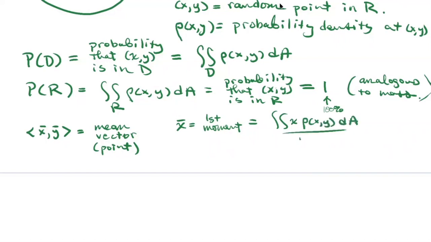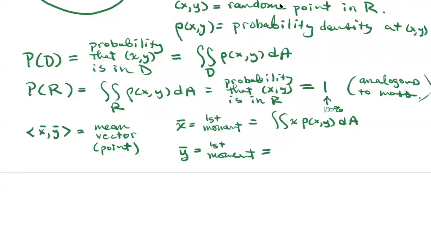You would divide by total mass, but remember total mass is always 1, so in probability, the total mass is the total probability, so that's always 1. y bar, also first moment.